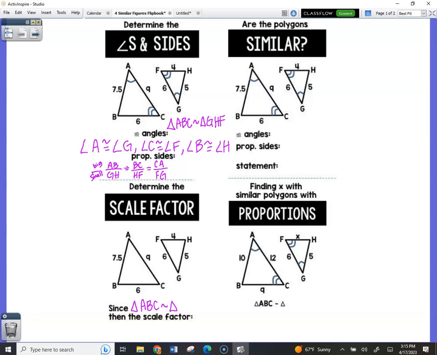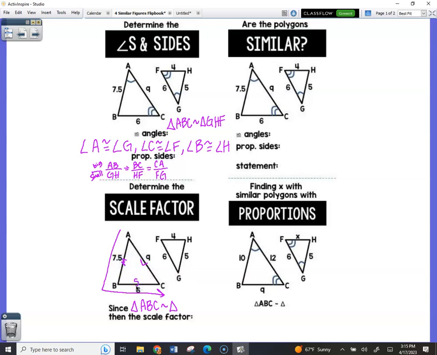So watch how I named the first one. I went A, B, C, right? Notice I crossed over. I've got 7.5, 6, and 9. I always use the phrase small, medium, large. So this is the largest number, this is the medium number, this is the small number.